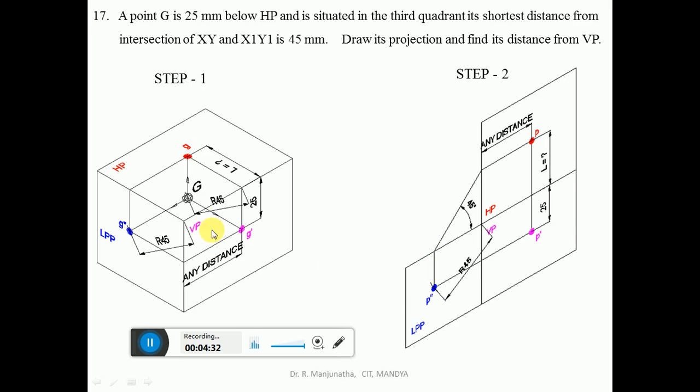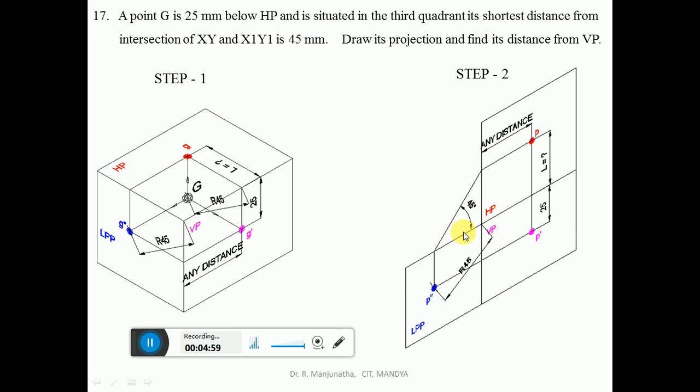But the shortest distance from here to here is this distance, which is now known, and G dash and G double dash both will be on the same line. So G dash is here, and when it is projected you will not be able to get G double dash unless you cut the shortest distance from here to here. Using the compass, take a radius of 45 mm with this as center, because he says the shortest distance from the intersection of xy and x1y1 is 45 mm.